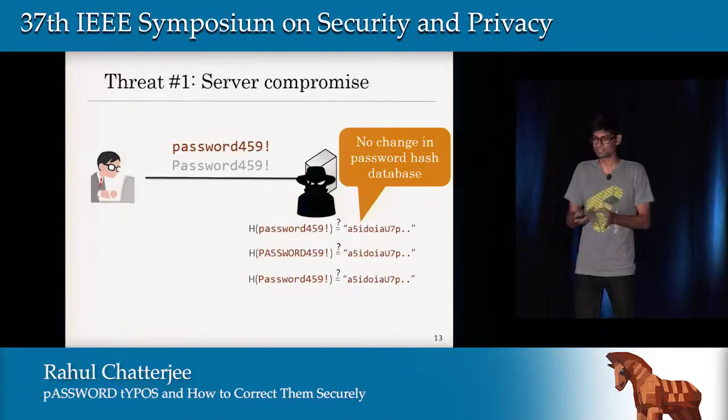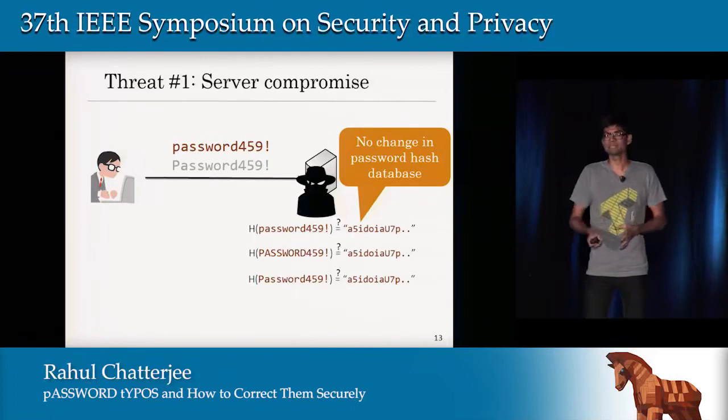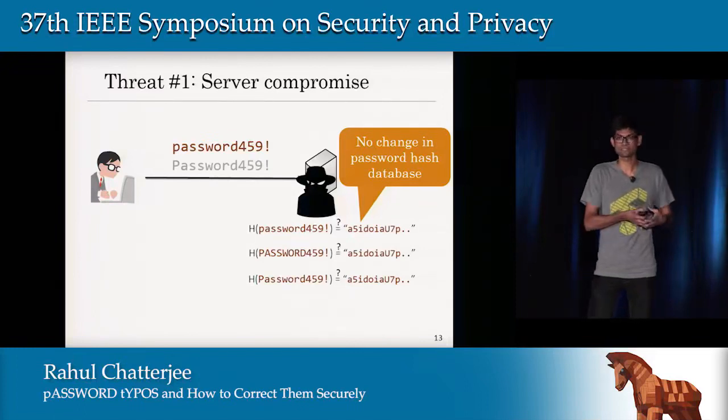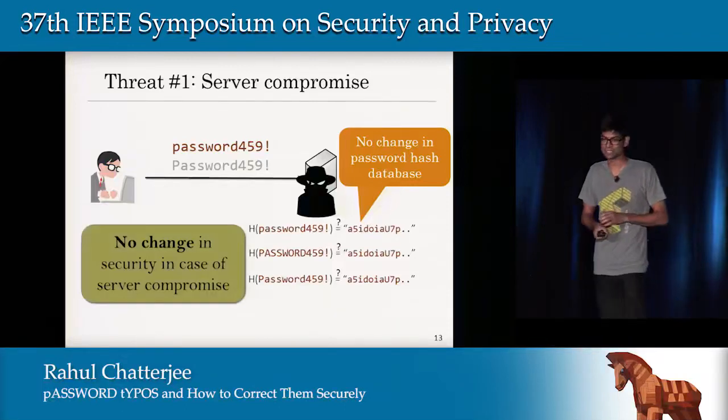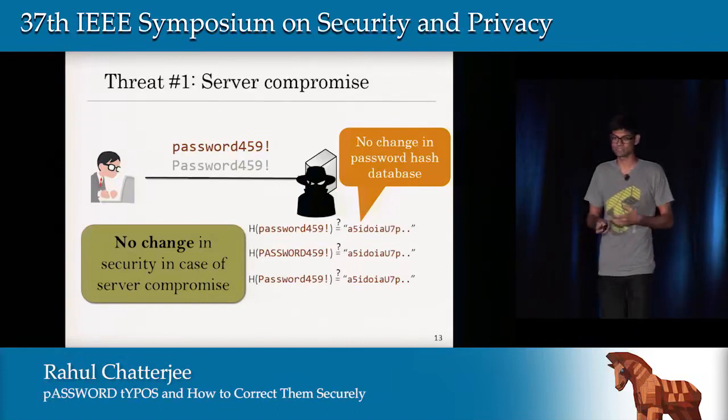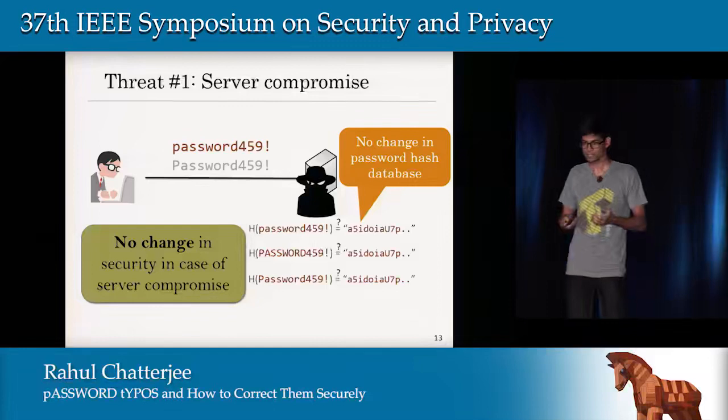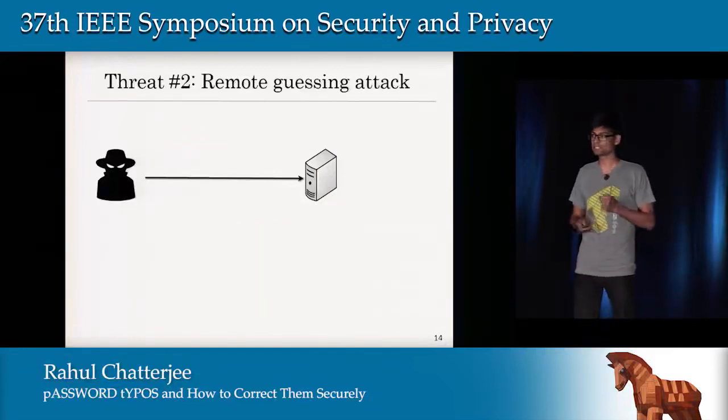So the attacker will get the same good old password hashes that he would have gotten if the server did not allow typos. So basically, the attacker cannot take advantage of typo tolerance in this process.